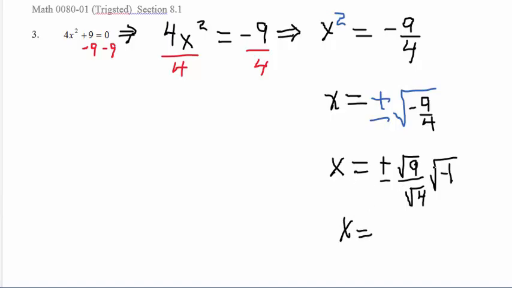And that step I just wrote is fine if you do that step mentally and don't have this written, but go directly to this step, which is plus or minus 3 over 2 i. The square root of 9 is 3, the square root of 4 is 2, and the square root of negative 1 is i.